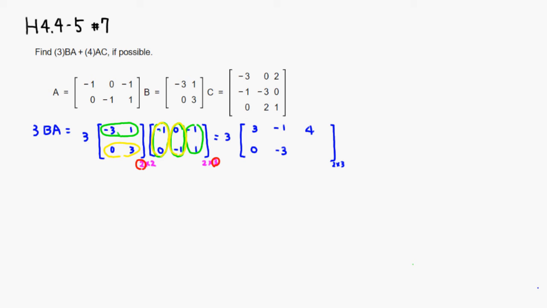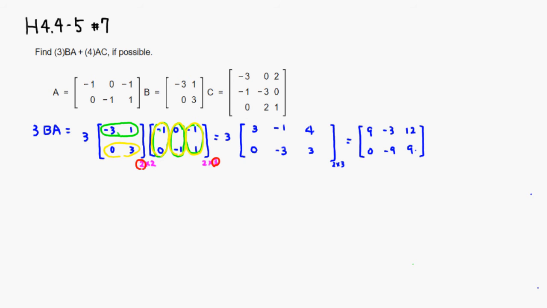And the last one, second row times the third column: 0 times negative 1 is 0, plus 3 times 1 is 3, so 3. Then when you multiply by 3, you multiply all entries by 3. So 3 times 3 is 9, negative 1 times 3 is negative 3, 4 times 3 is 12, 0 times 3 is still 0, 3 times negative 3 is negative 9, and 3 times 3 is positive 9. So that's the 3BA.